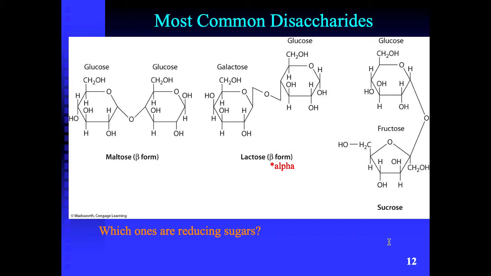If you're looking for the full name, or is it just the orientation of the bond for maltose and lactose? For maltose you can say glucose, glucose, alpha 1 to 4.